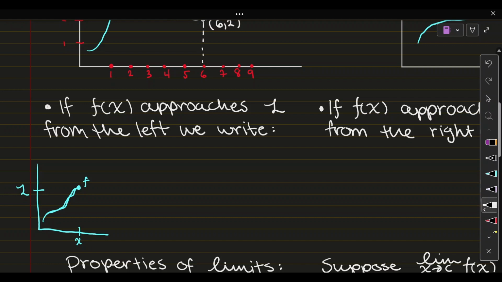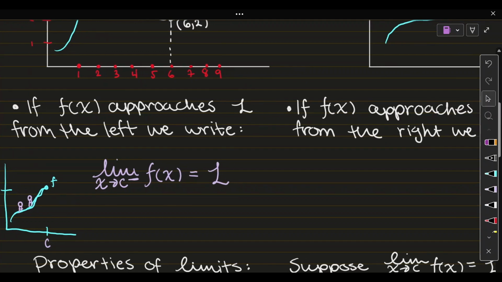We write that the limit, we'll say this is some value c, as x goes to c from the left, we use a little minus sign to indicate that we're coming from the left, so that's like our little guy walking up from the left, of f of x is equal to L. Okay?